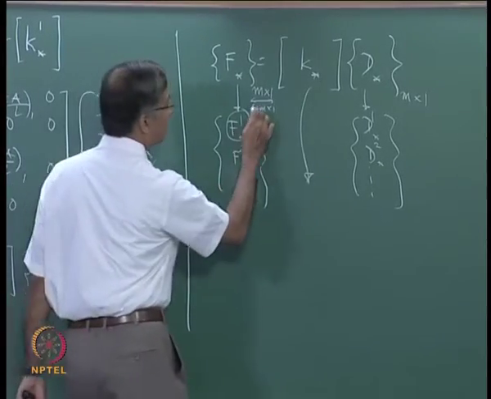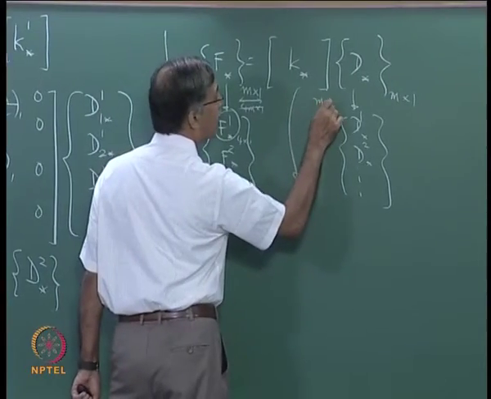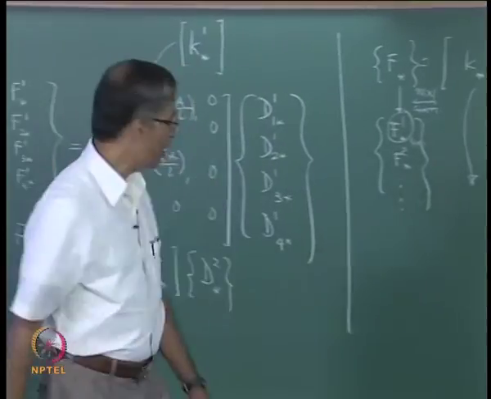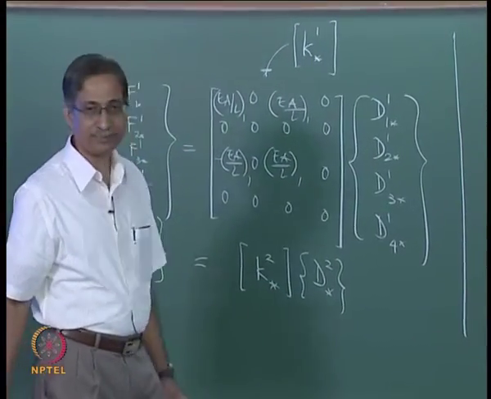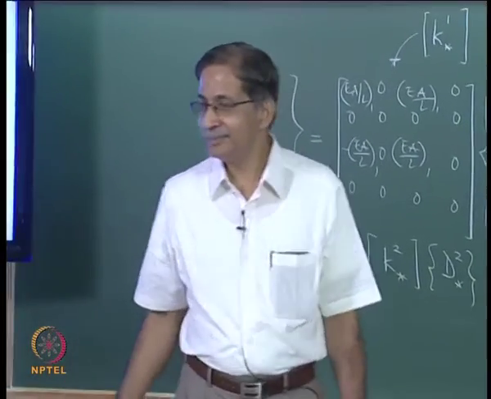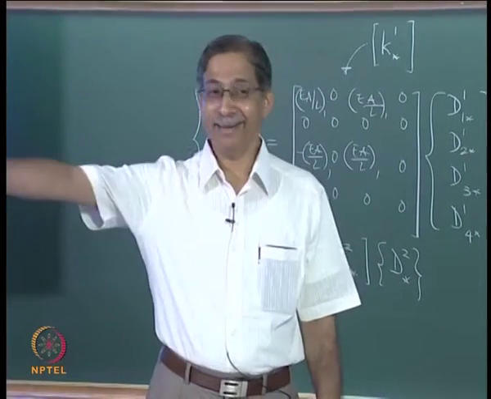What will be the size of this matrix? M by M. How will you arrange it? You've got all the individual element matrices. How will you arrange this? Put all these next to each other. No? So K1 star, K2 star, diagonals.